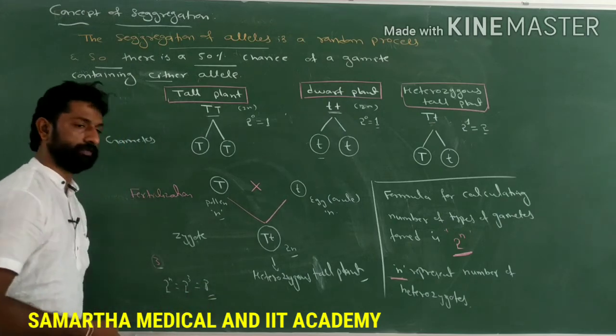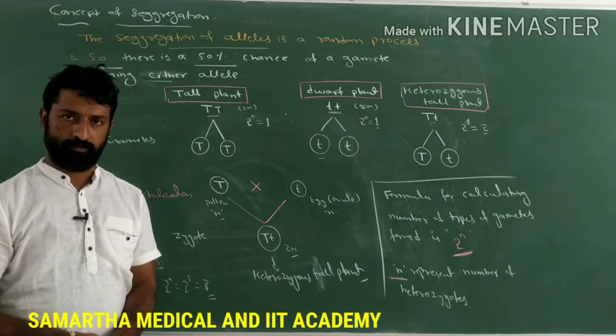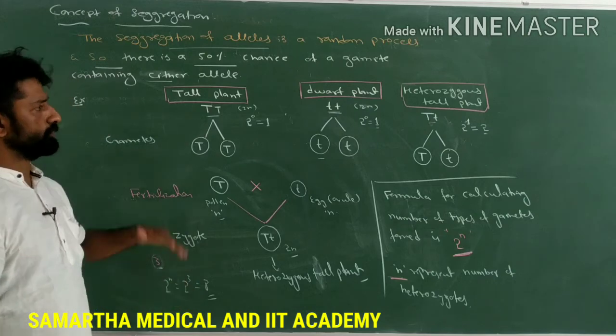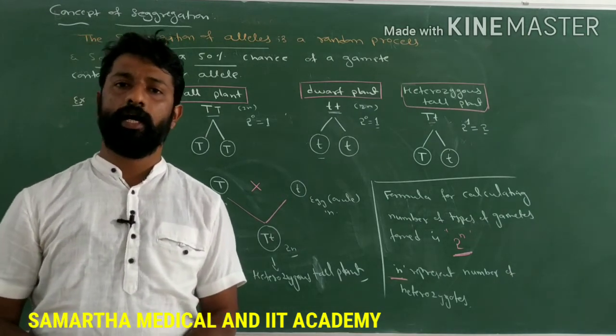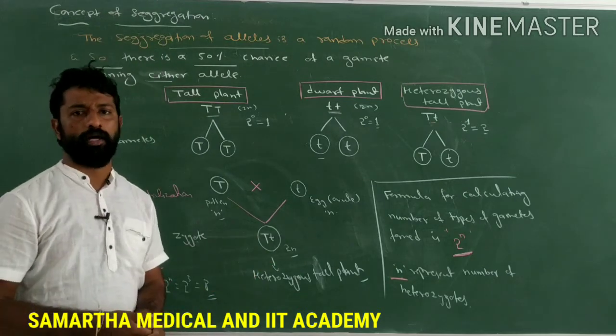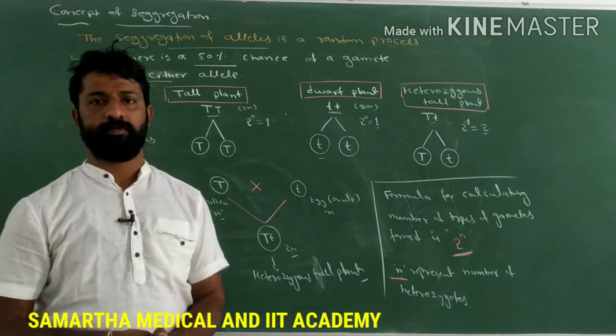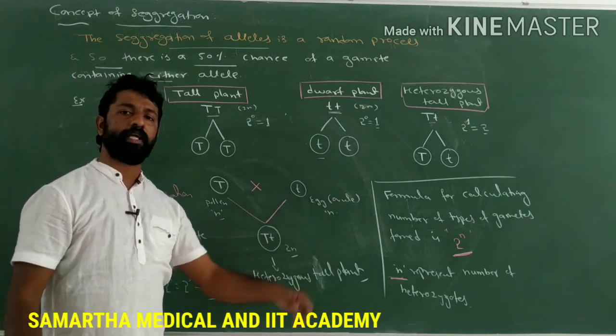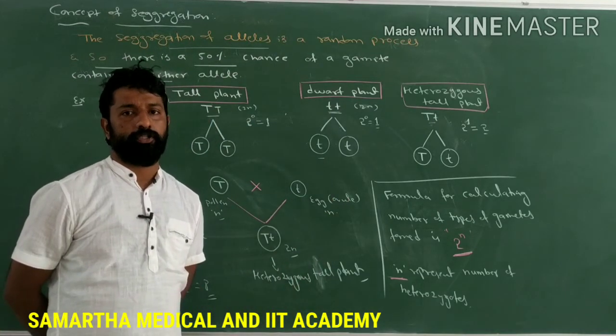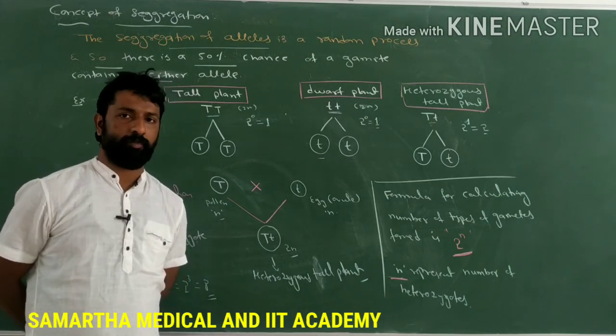So 8 types of gametes will be produced. Is it clear, guys? So this is the process of gamete formation, the segregation of alleles during the formation of gametes by meiosis, and how to calculate the number of types of gametes formed.